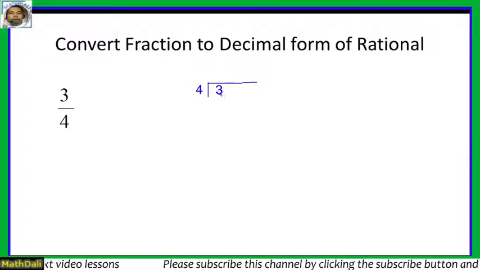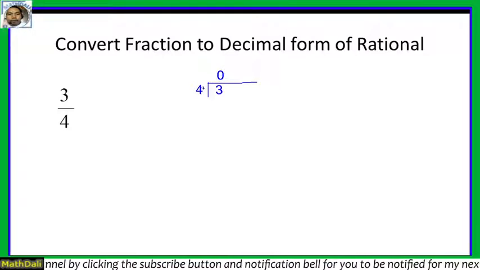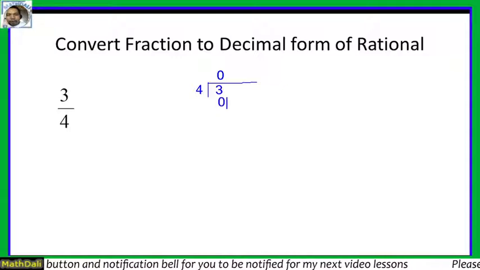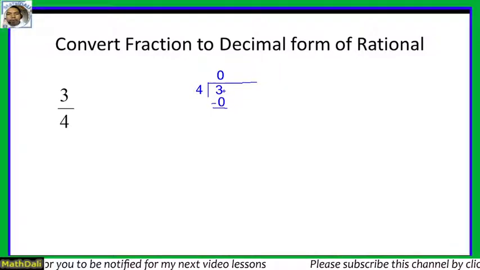So, 3 divide natin sa 4, that is equal to 0. Lalagay natin dito yung 0, tapat ng 3. Then, multiply natin, 0 multiply by 4, that is equal to 0. Zero property: any number multiplied by 0 is equal to 0.